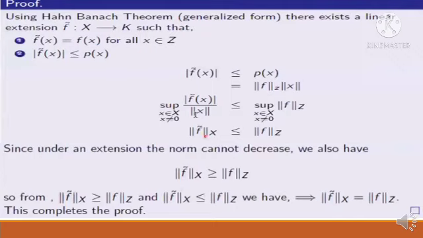So these are the two outcomes of the generalized Hahn-Banach theorem, which says that there exists a bounded linear extension f tilde.